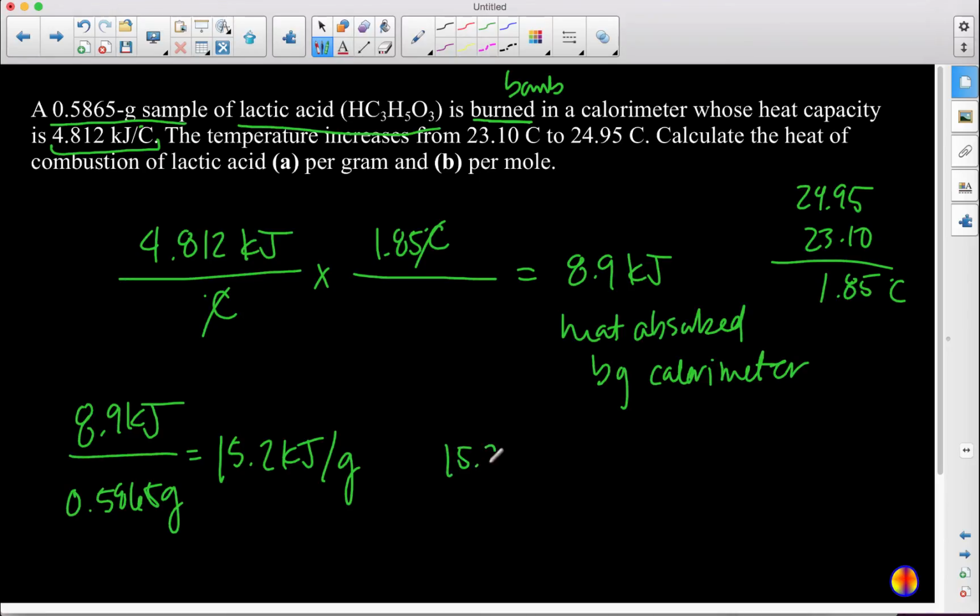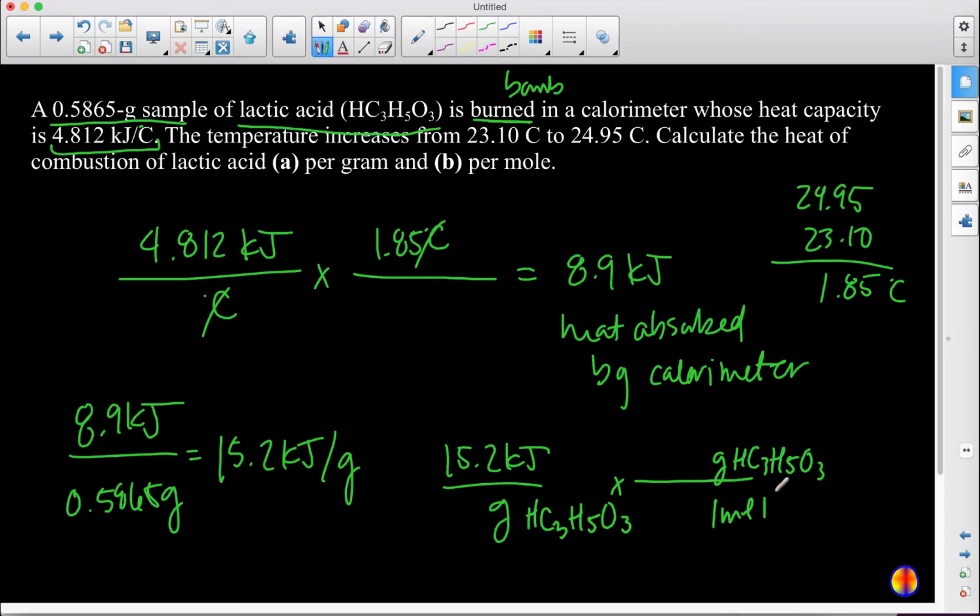If I have 15.2 kilojoules per gram, and this is per gram of lactic acid, which is HC3H5O3, unit analysis says I can take the molar mass of HC3H5O3 over 1 mole of HC3H5O3. I can calculate its molar mass and put it up here.